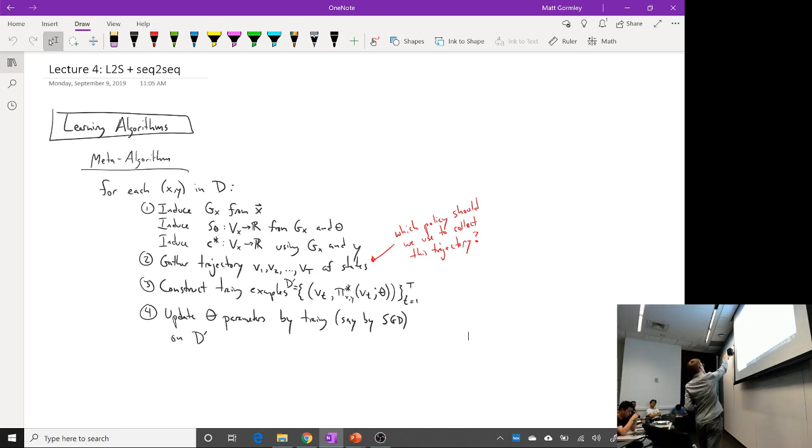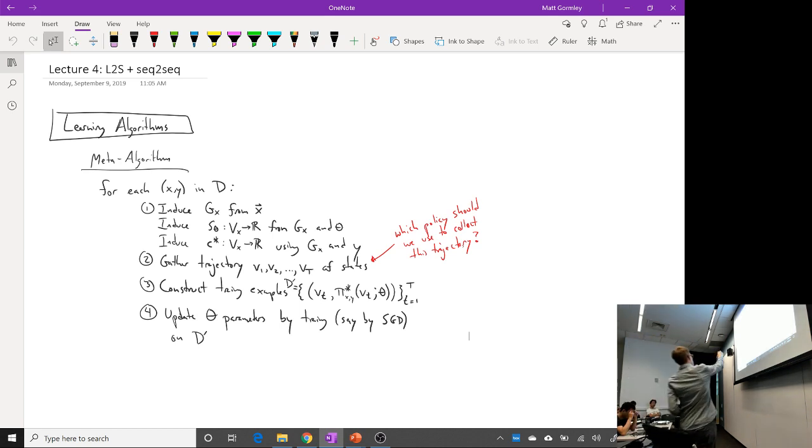We'll also have some cost function, C star, that is our oracle completion cost function that tells us from any state what is the best that we could possibly do in terms of cost from that state.